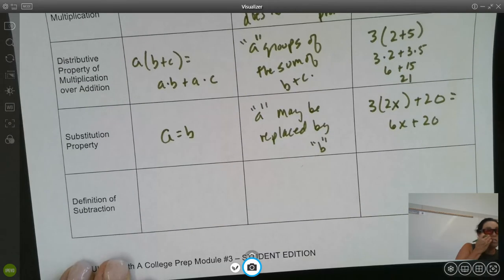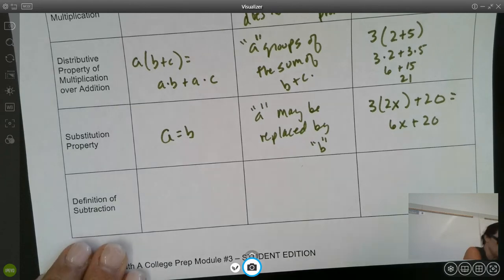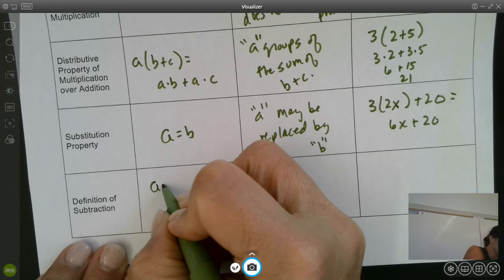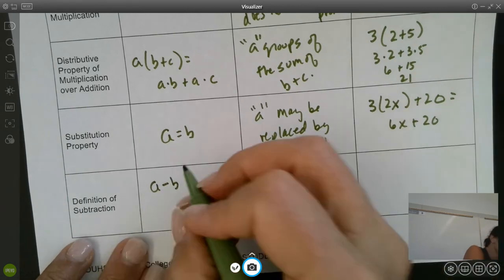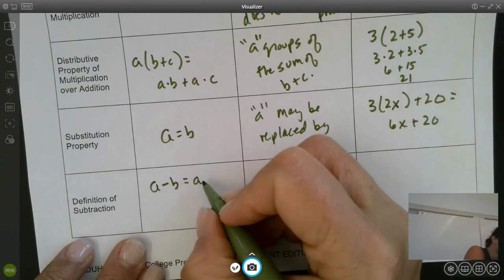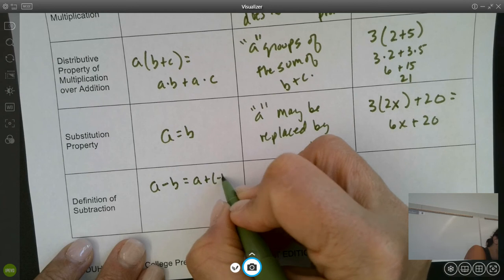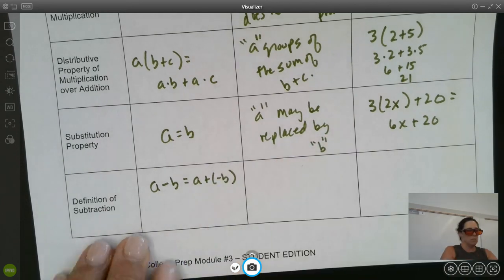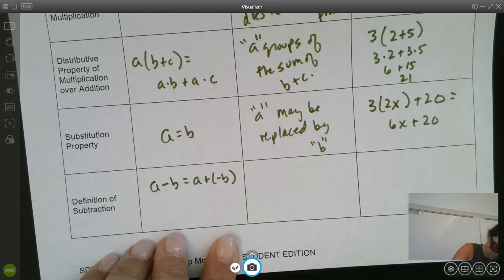Definition of subtraction, we learned last module also. We've been using it a lot with these simplifying problems. If you've got a number minus a number, you can rewrite that as a number plus the opposite of that number.